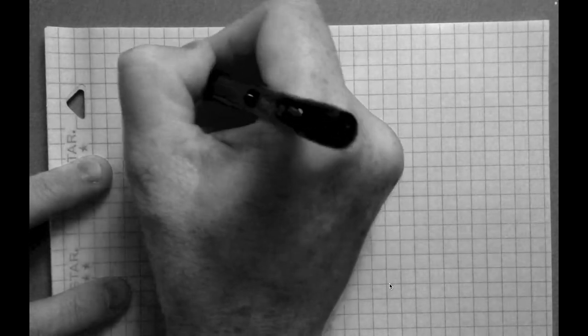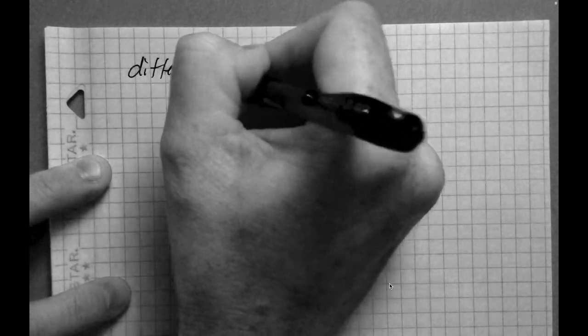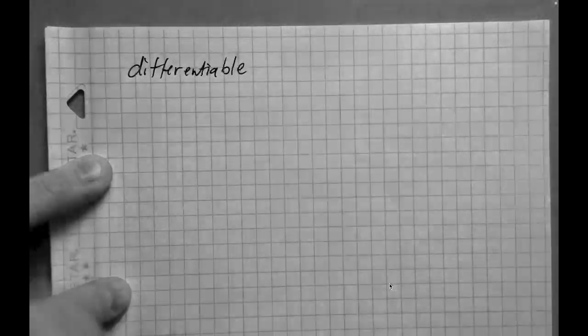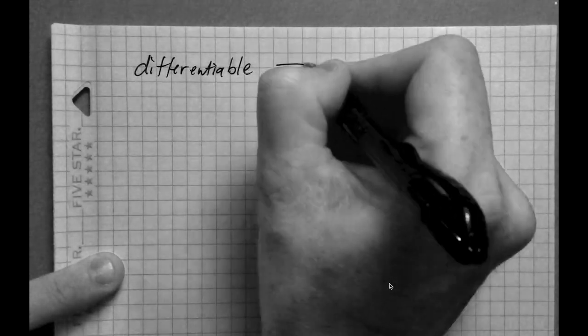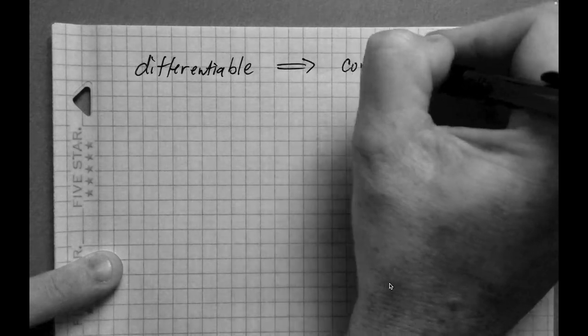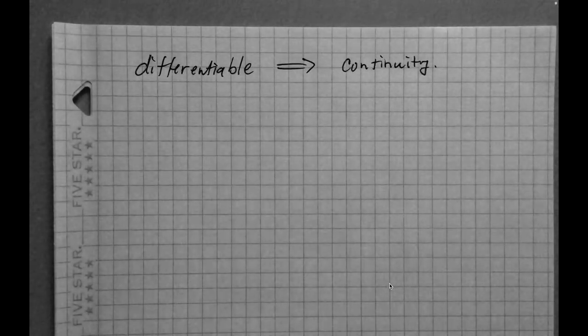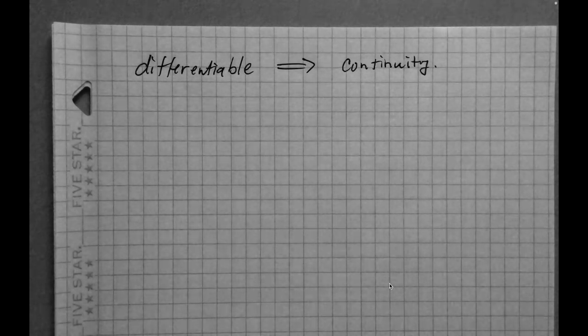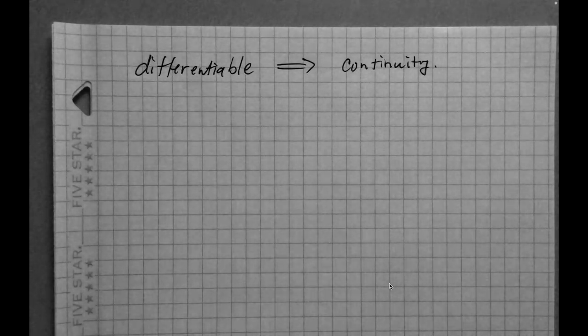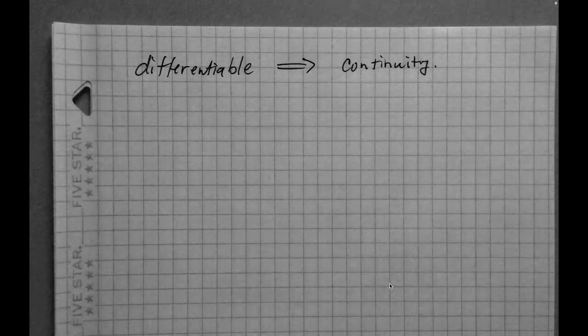Differentiable implies continuity. Right? If a function is differentiable at a given point, then the function must also be continuous at that point. Right?